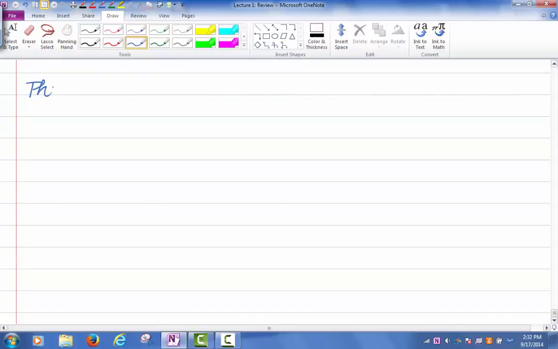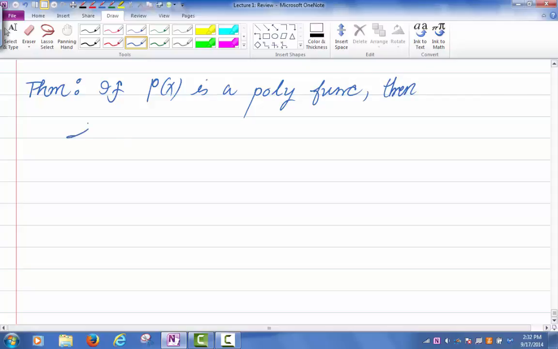Theorem. If p of x is a polynomial function, then the limit as x goes to a of p of x is equal to p of a.